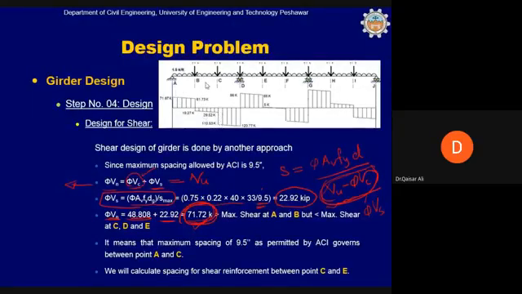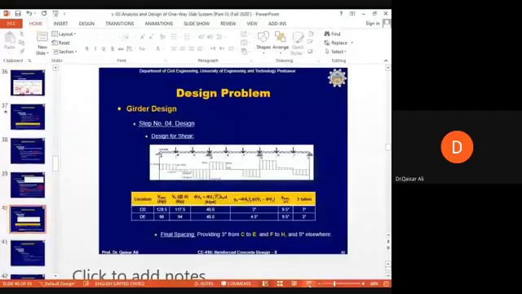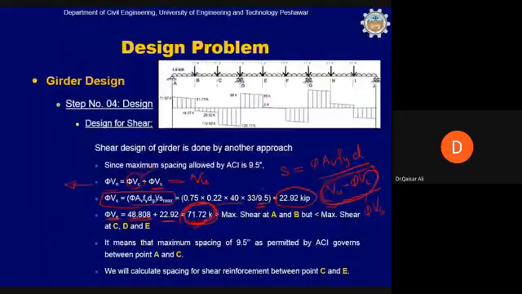So this location from A to C, and also on the other side, we don't need to design per shear. We can provide 9.5 inch spacing here on both ends. But if you look at D to E and G to F, and G to H, they are similar.